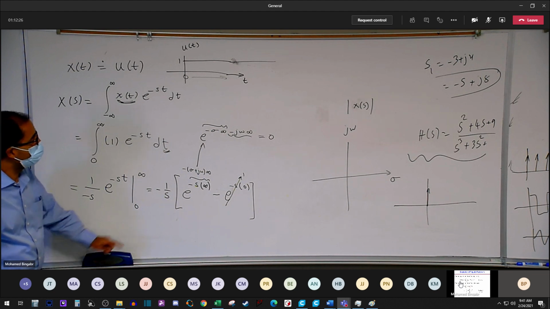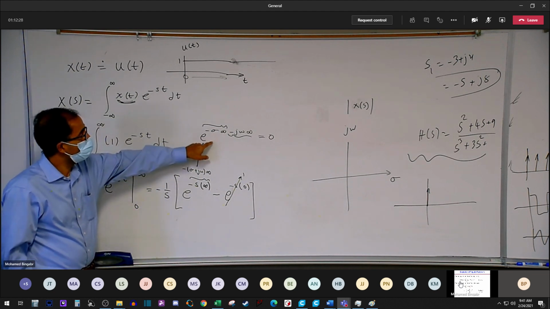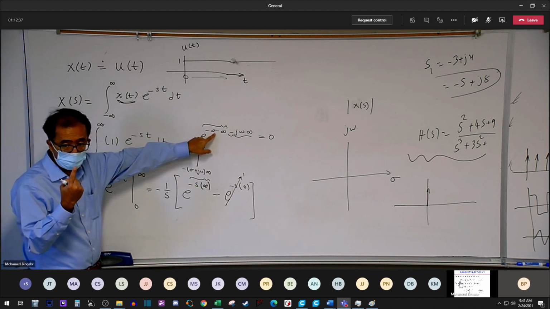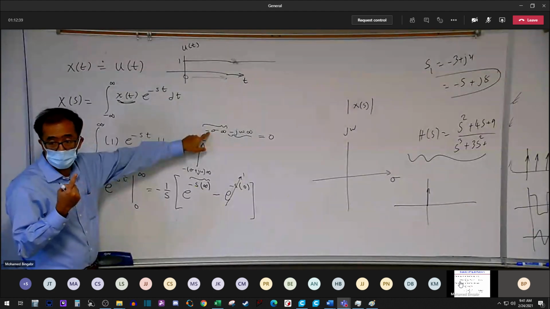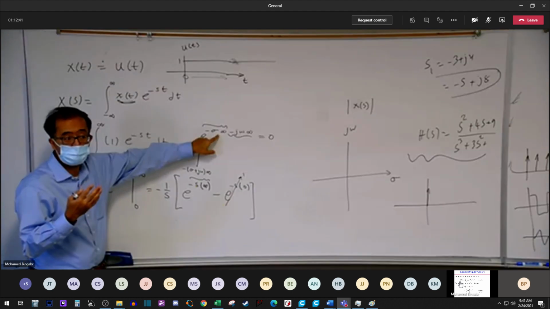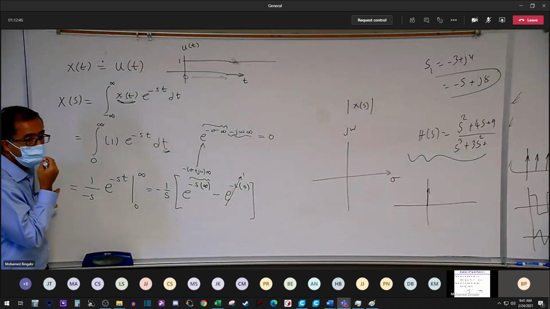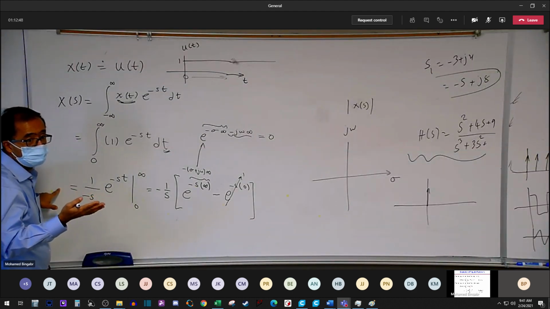If sigma is minus 1, can this go to 0? Yes. Has to be greater than 0. Because if sigma is minus 1, minus 1 times positive infinity, this goes to infinity, and that limit doesn't exist. The Laplace transform doesn't exist.